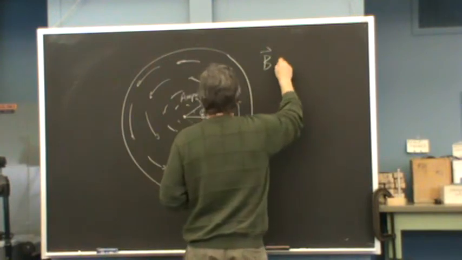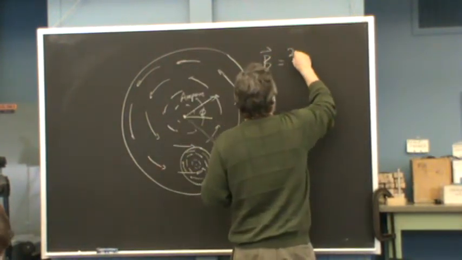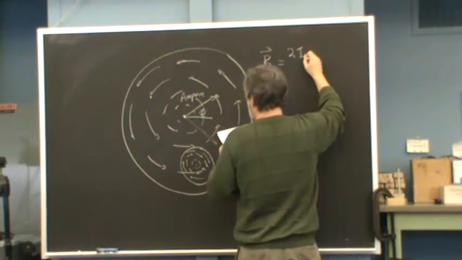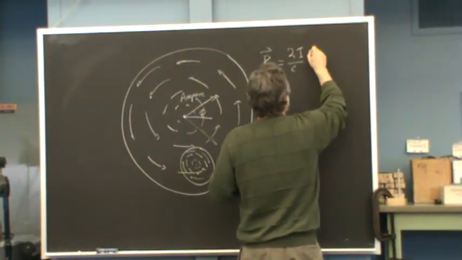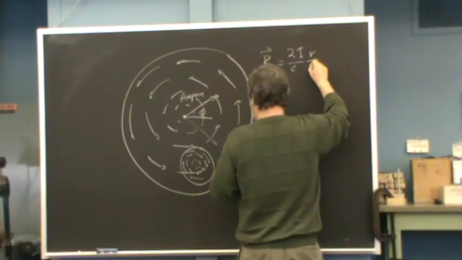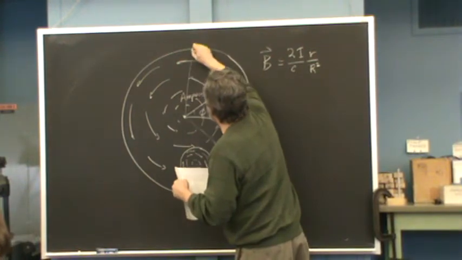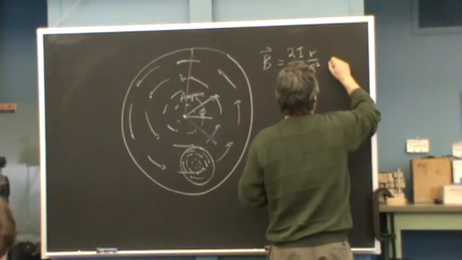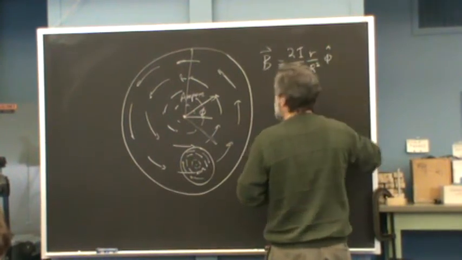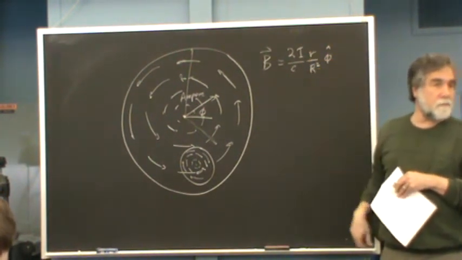The magnetic field then is, I'll even tell you this one if you work it out: 2I over C, distance from the center over the radius of the whole thing. So this distance is r, over R squared, phi hat for current coming out of the board.